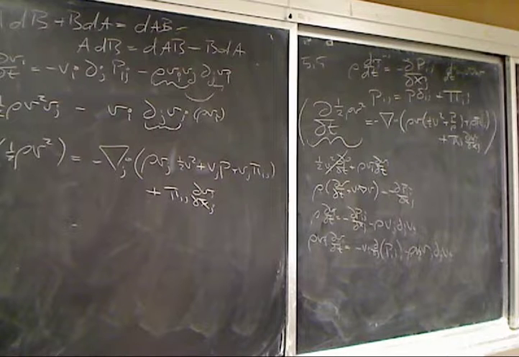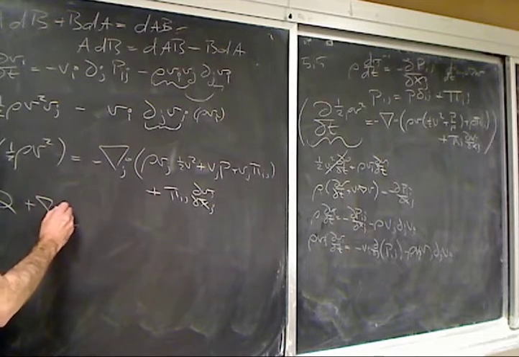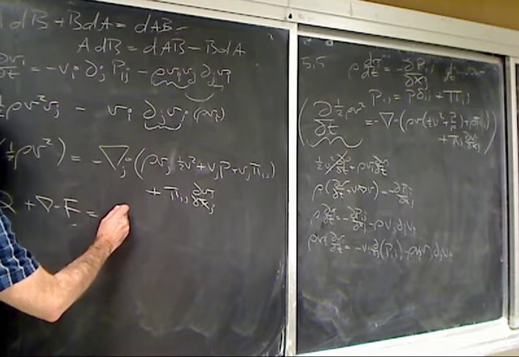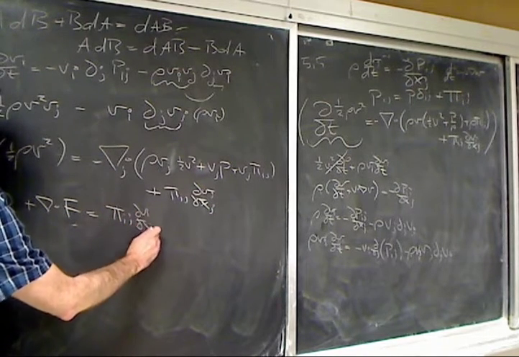Okay, so what do we got? Now we have ∂q, that's this stuff in here, plus div F, that's all this stuff, equals stuff, πij ∂vi/∂xj.